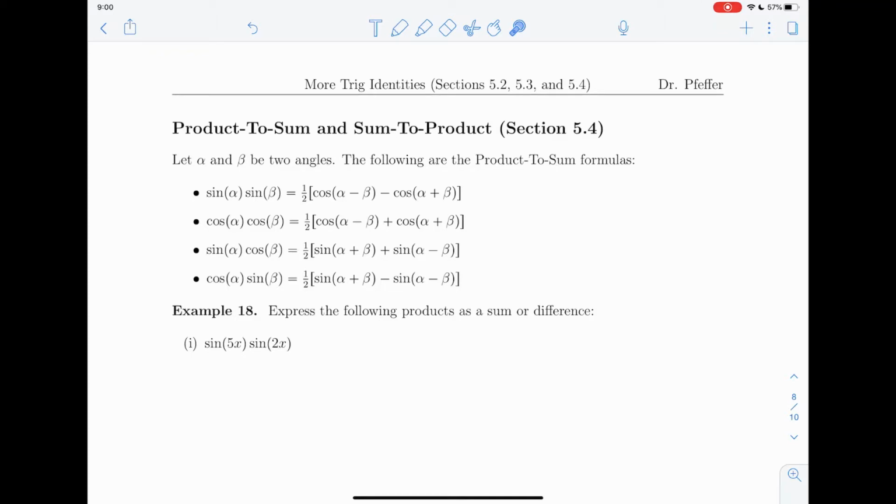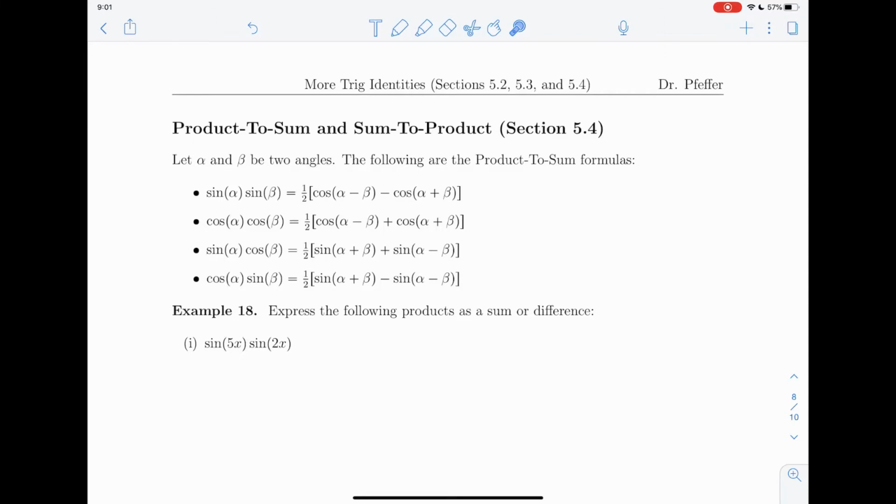In this case, we're going to take those formulas, but solve for products of sines and cosines instead of sines and cosines of sums and differences. So, what we gain access to are these four new trig identities, where we can use these in exactly the same way we've been trying to use trig identities this entire time.